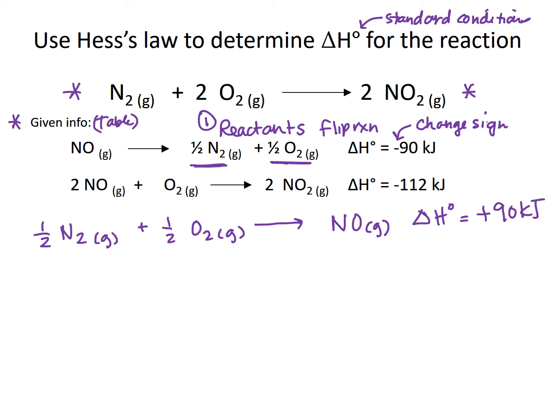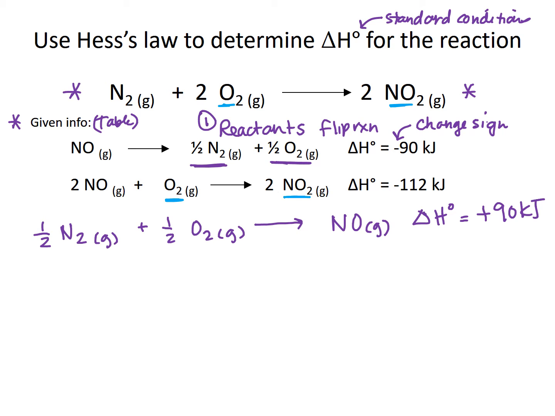When I look, I have products of NO2, so here's the product right there, NO2. I have a reactant, but that's okay because that reactant is right there too, and then I have 2 NO gases. So this reaction right here, I can actually just leave exactly the same.